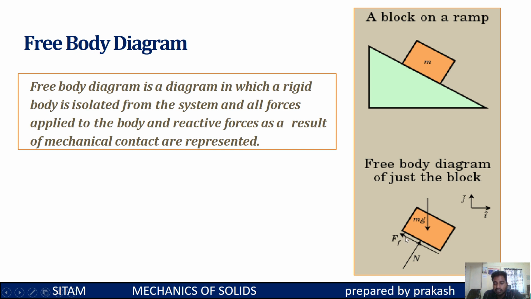Frictional force is acting, and the load, that means the weight or gravitational force, is acting, and counter to that, the normal force or reaction is acting. Drawing all the forces on this component, which is isolated from the system, is known as a free body diagram.